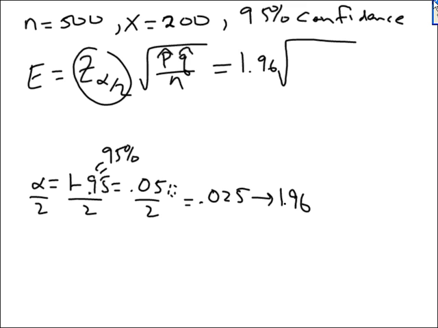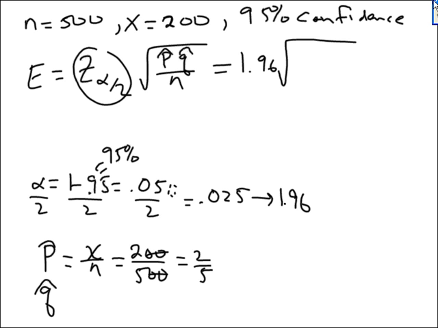And we take the square root. Well, p hat, by definition, is x over n, as opposed to n over x. It's x out of the n. x is 200, n is 500. It's just 2/5 or 0.4.